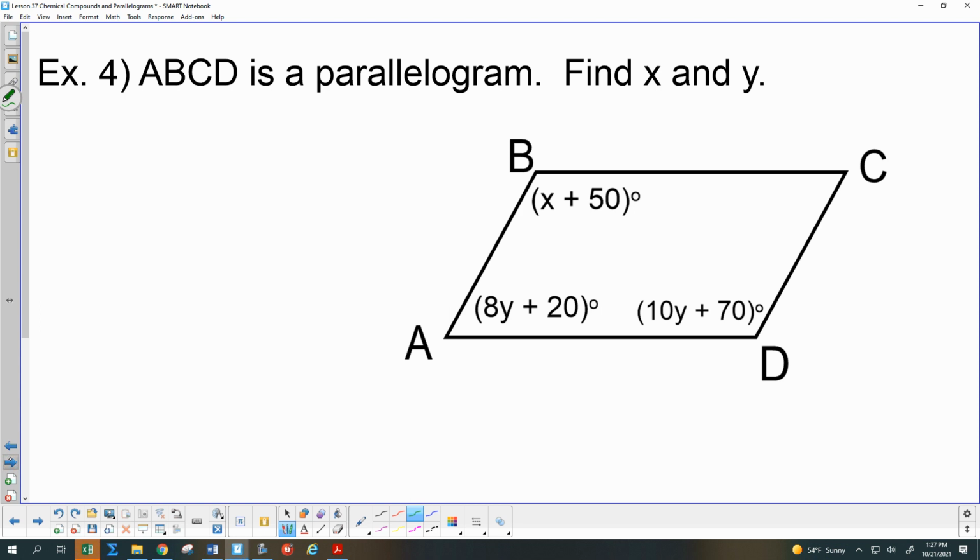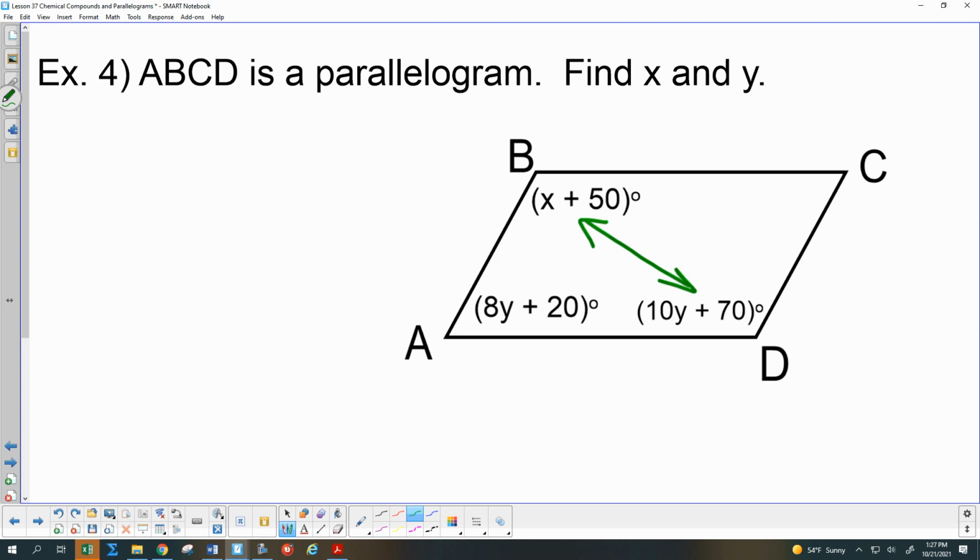We know adjacent angles are supplementary, opposite angles are congruent. So I could say that these opposite angles equal each other. I could write down x plus 50 equals 10y plus 70, and that's correct.